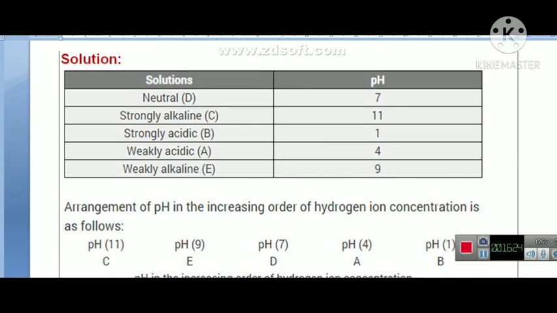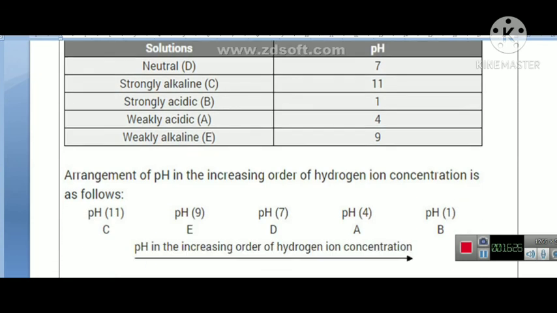Here is the arrangement of these solutions according to their increasing order of hydrogen ion concentration. Hydrogen ion concentration is more in acidic solution and very less in basic solution.